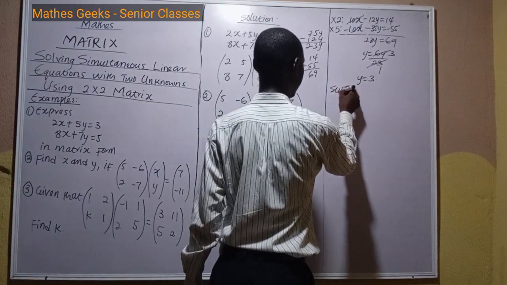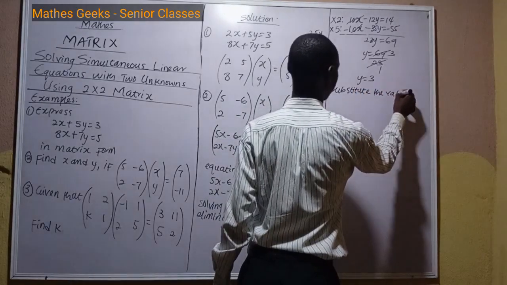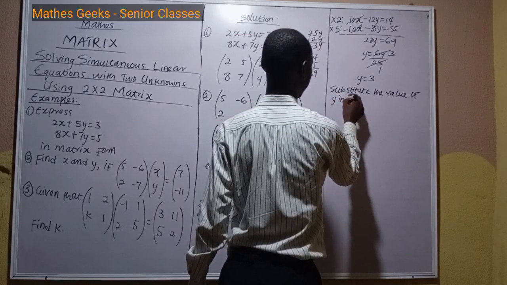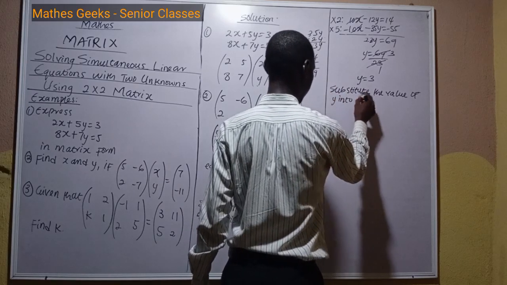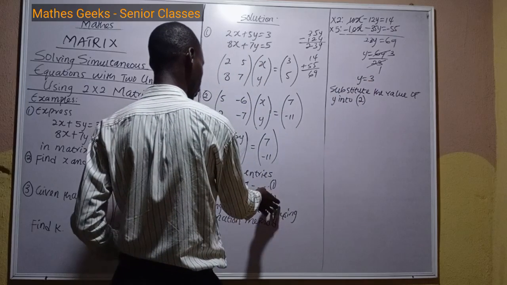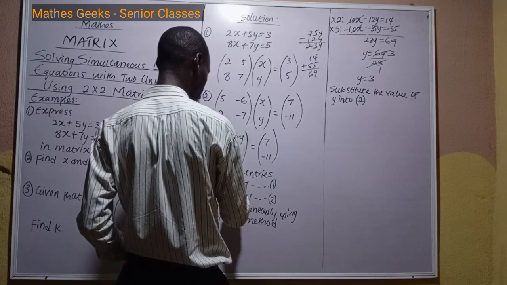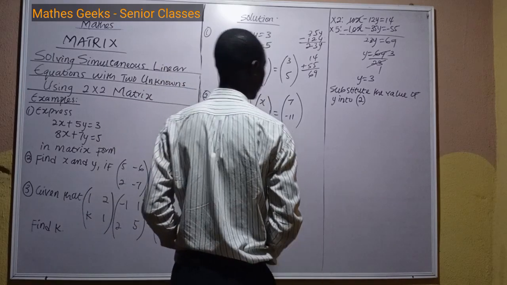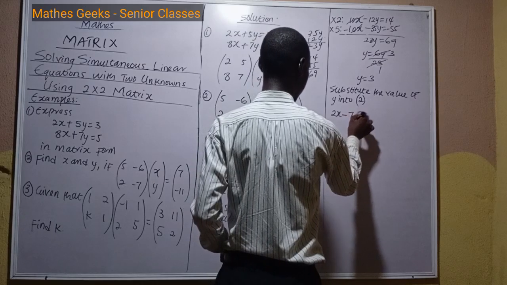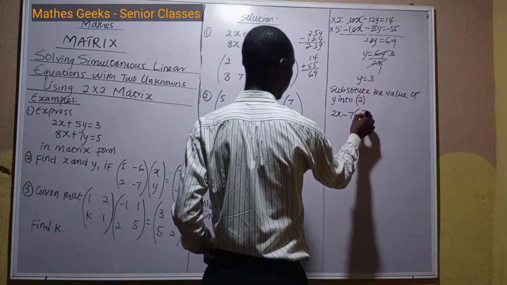And we substitute the value of y into equation 2. I want to substitute the value of y, which is 3, into equation 2. You could substitute into equation 1, but I want to use equation 2. In equation 2 we have 2x minus 7, and in place of y we put 3, which is the value of y.